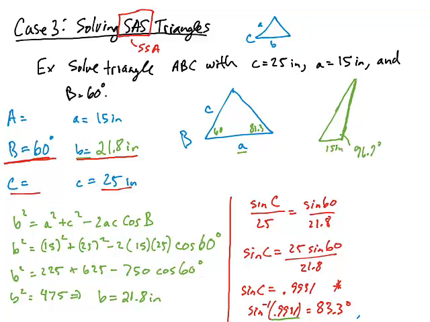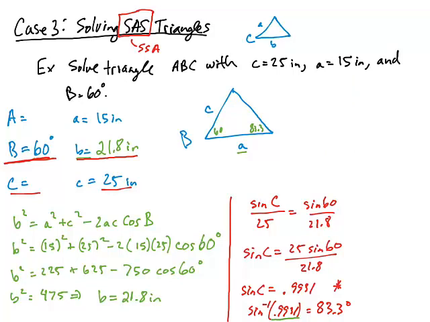We know that side A is 15 because that's what's given to us. Hopefully you can see what's happening here. The easy way to see this, though, is that if we do not have side-side-angle, we only need to worry about finding one triangle.